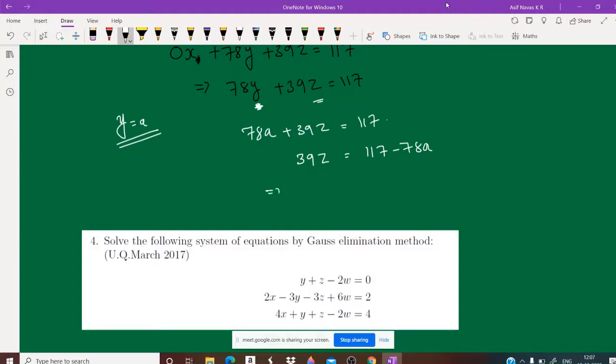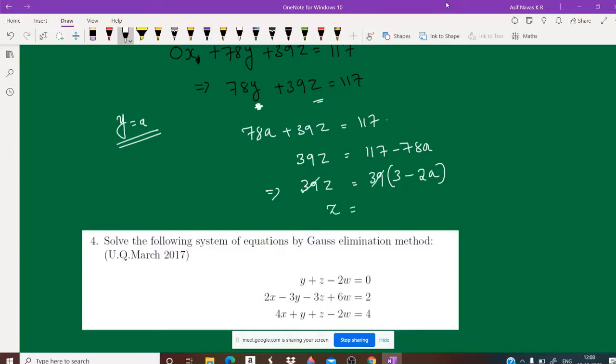One more thing we can do is, here there is 39z, and 117 is actually 39 into 3, right? 39 into 3 minus, what is 78? 39 into 2. I am cancelling out this 39 and 39.